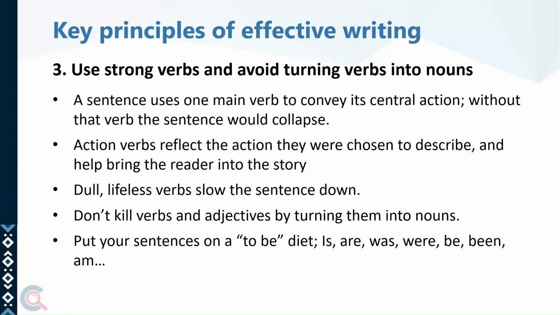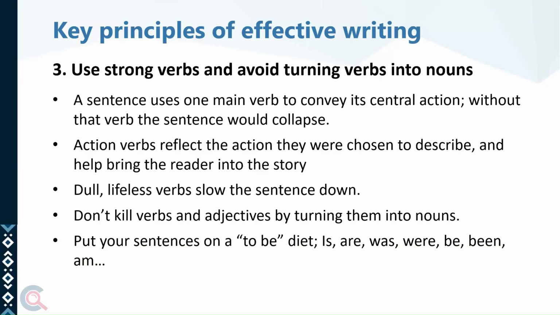Thirdly, the key principle in effective writing is to use strong verbs and avoid turning verbs into nouns. A sentence usually uses one main verb to convey its central action. Without that verb, the sentence will not make sense. So in every sentence, there is what we call the action verb or the main verb.